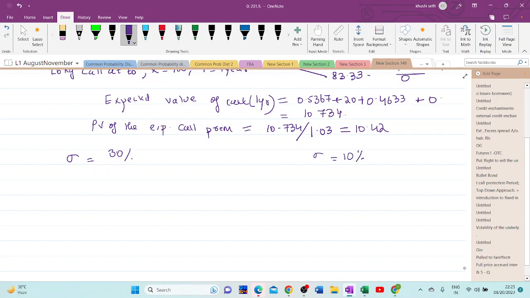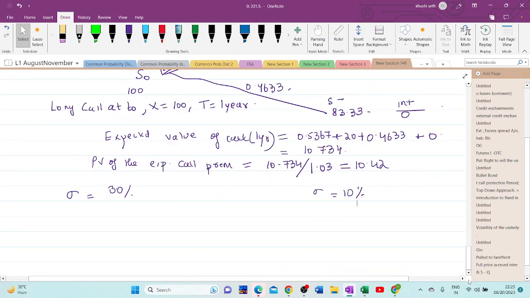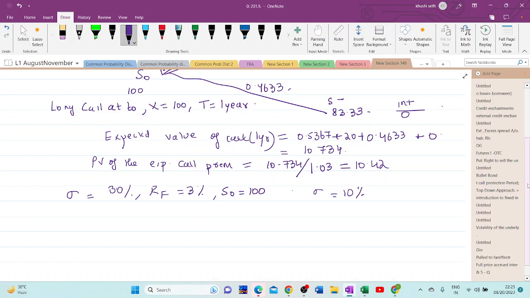Calculate this yourself and tell me. Take 5 or 10 minutes. Assume everything else the same. Risk-free rate is 3% and the price of the underlying at time 0 is 100. And calculate the no arbitrage put premium and the no arbitrage call premium.